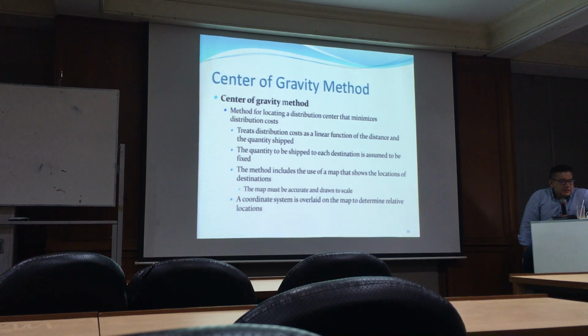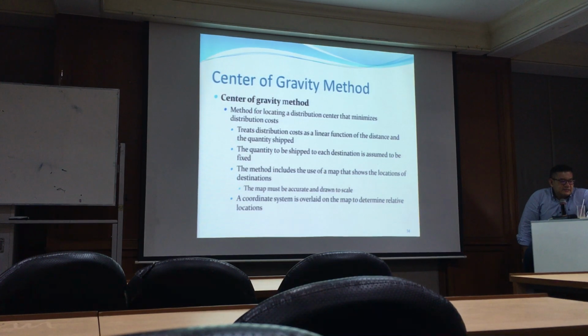It uses a cost function that is linear in the distance and quantity shipped, right? So the quantity to be shipped to each destination is assumed to be fixed. And you also need to use a map showing the location of each destination, with a scale, right?